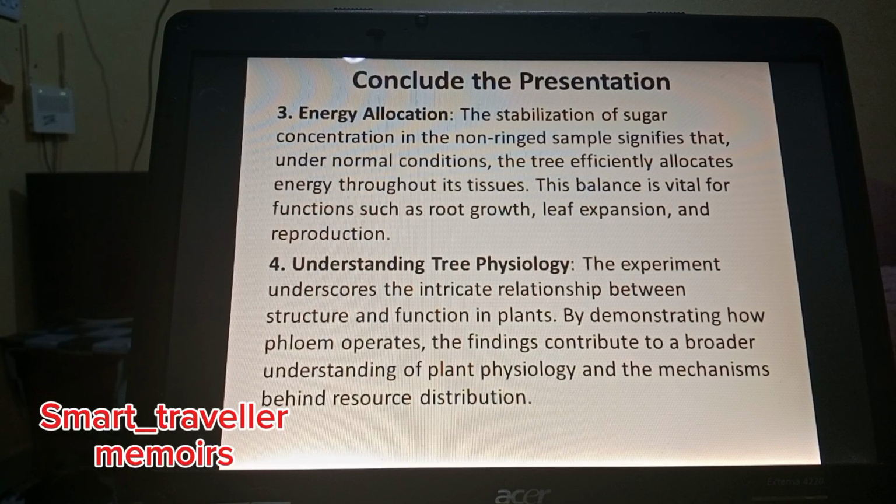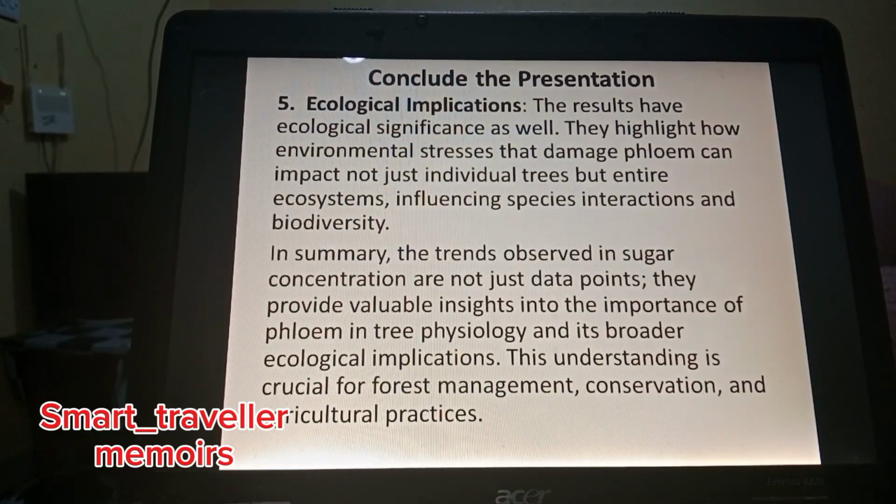Understanding tree physiology: the experiment underscores the intricate relationship between structure and function in plants. The findings contribute to a broader understanding of plant physiology and the mechanisms behind resource distribution. Ecological implication: the results have ecological implications as well.